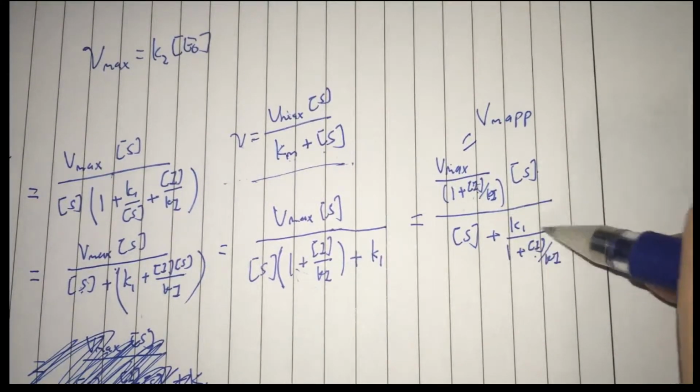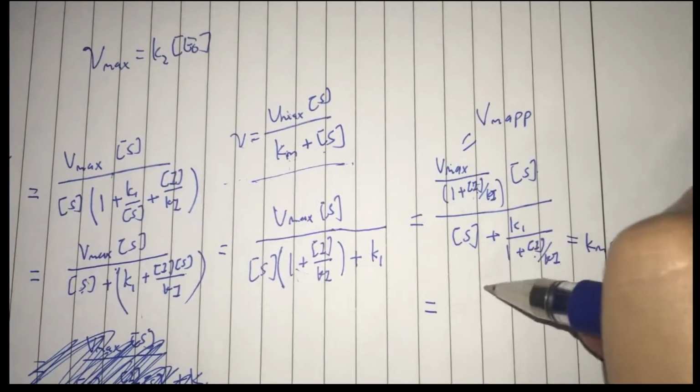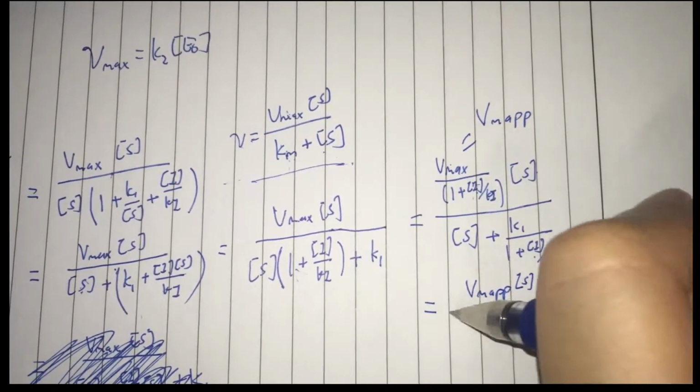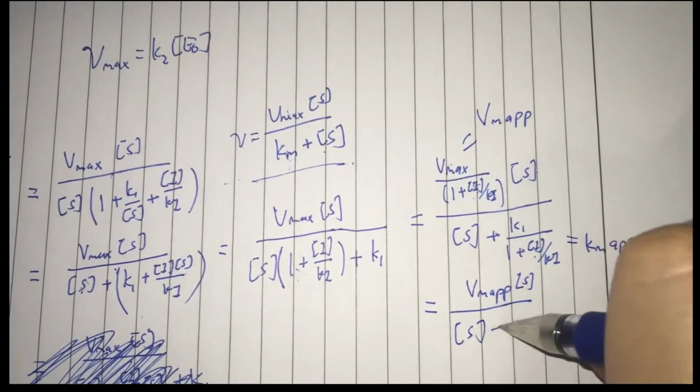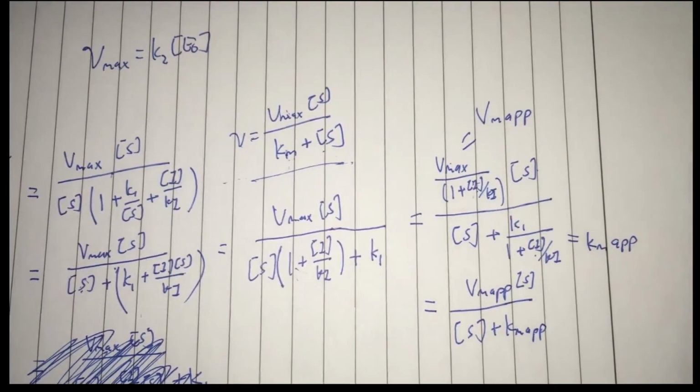So this is going to be less than this. So both are going to be reduced. So you have Vmax apparent here into S over S plus Km apparent. Alright, so that is more or less our enzyme kinetic derivation for uncompetitive inhibition.